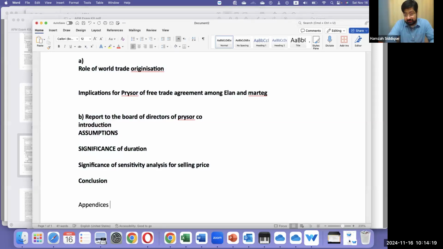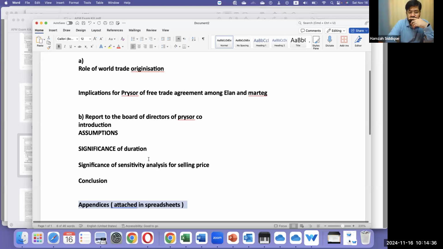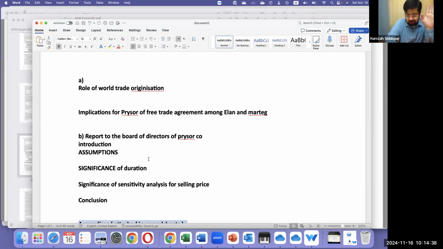because we have to do calculations in spreadsheets, attached in spreadsheet. Simple as that. I hope you got the idea.